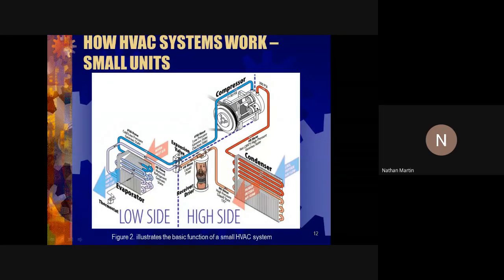You realize that sometimes you hear your compressor clicking, or you feel when your compressor puts load on the system, and you feel when your compressor cuts out. The thermostat is what is causing that to happen. So this is basically how your car AC system or HVAC system will work.